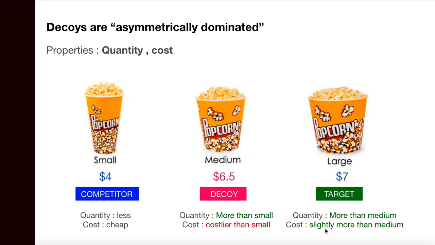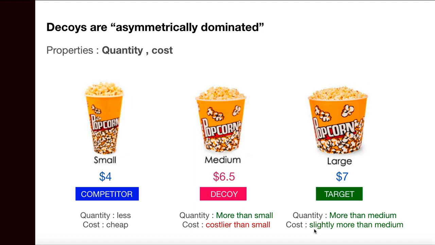So in this way, if you see, the decoy is in a way nudging people from the existing opinion they have to push towards the target. So in this way, people are okay because there's a slightly extra cost involved, but they get more and they are okay with extra cost.